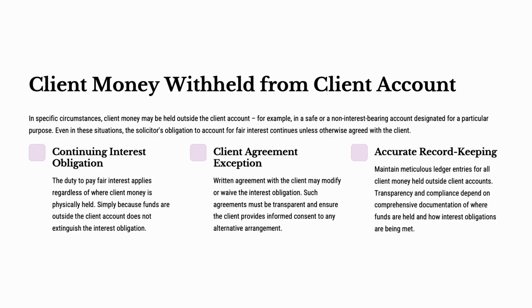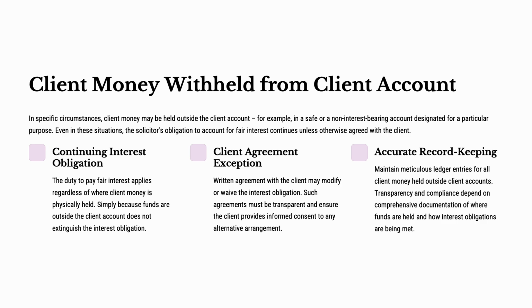So another thing is client money withheld from the client account. That's important to understand. Sometimes money is held outside a client account, maybe in an office safe or an account that is not a client account. Even then, unless there is a valid written agreement, the solicitor must pay fair interest to the client. This prevents the solicitor from benefiting from interest by quietly holding money somewhere inappropriate.